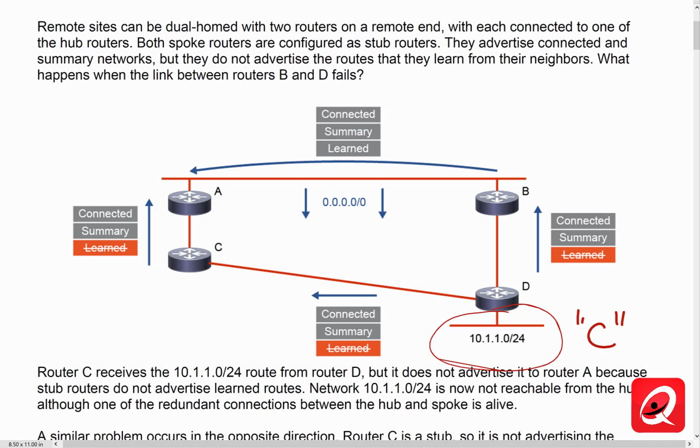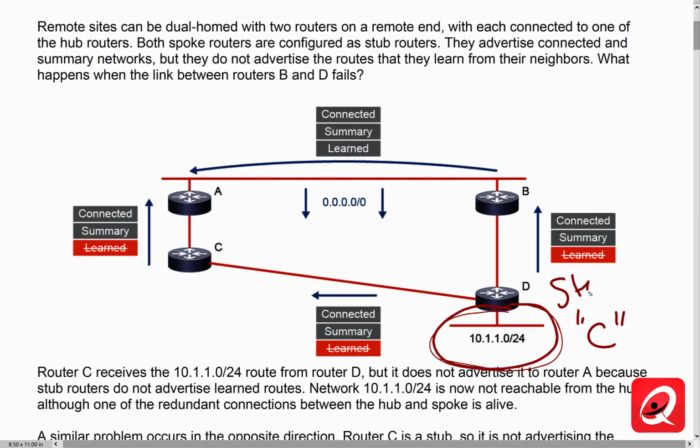It is connected, that's true, but it's also part of EIGRP. So in order for any type of route to be advertised from one EIGRP peer to another, it has to be part of EIGRP. So it's not simply connected routes. It's connected routes that are participating in EIGRP. Okay. So in this particular case, 10.1.1.0 is connected.